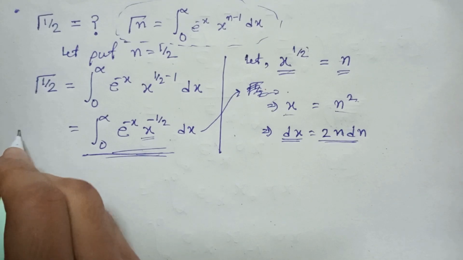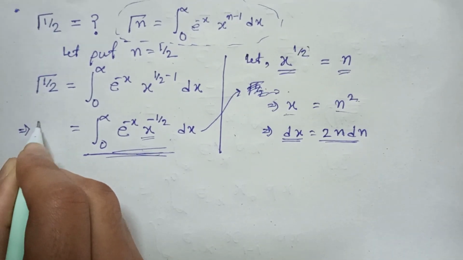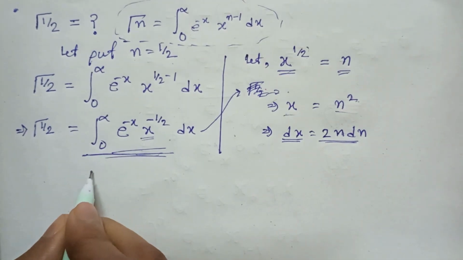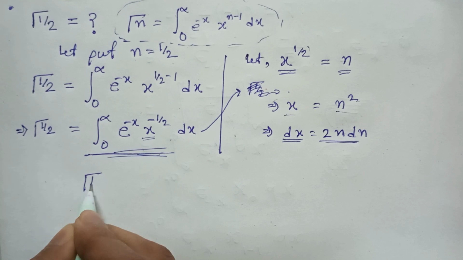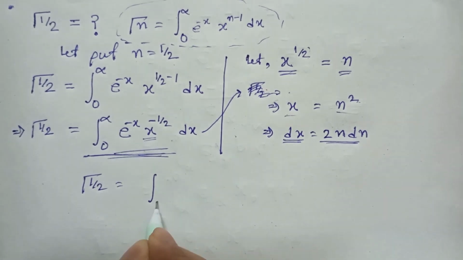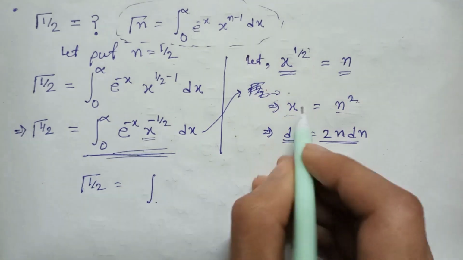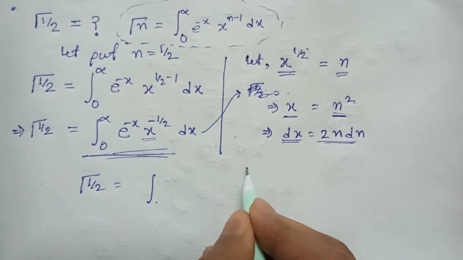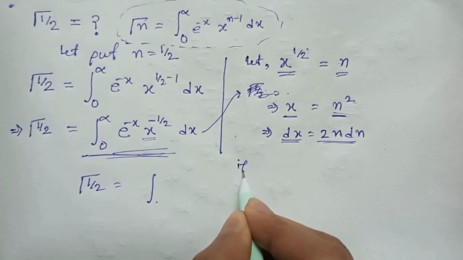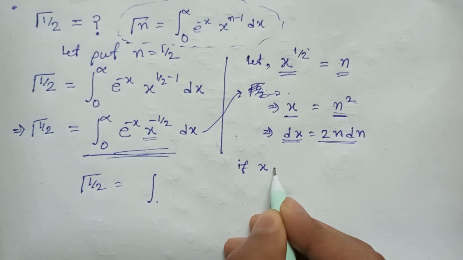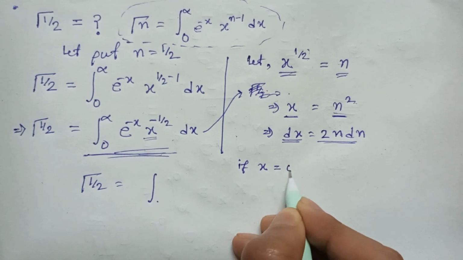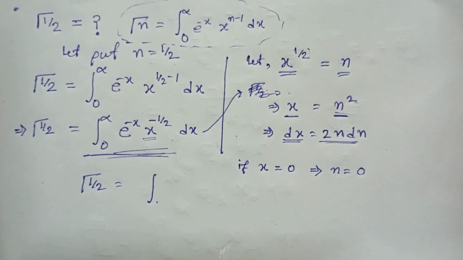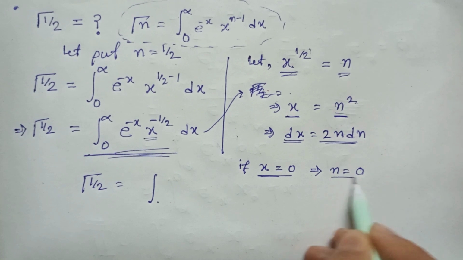One more thing to note: x equals n square. If x equals 0, that implies n equals 0.